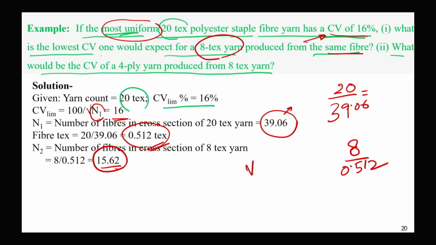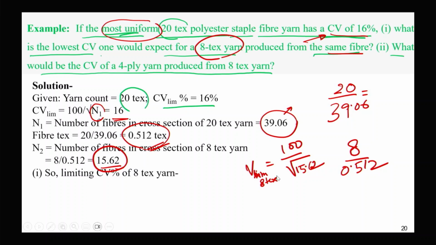So limit irregularity we can use V limit 100 by under root 15.62. This is the limit irregularity of 8 tex yarn here. So 100 by under root 15.62, it's 25.3.